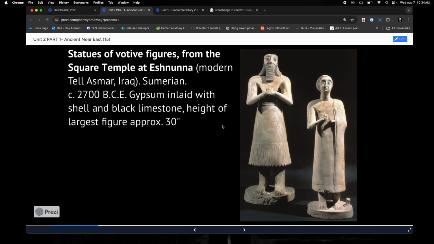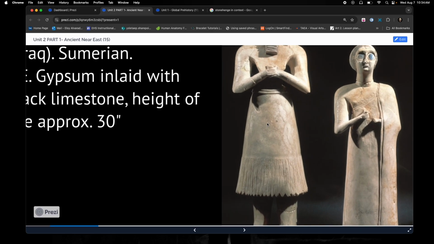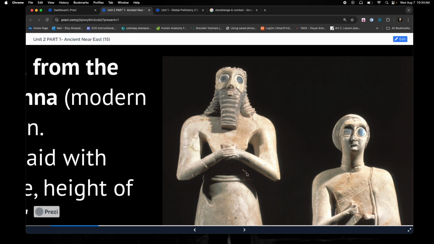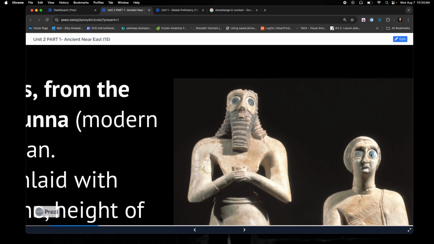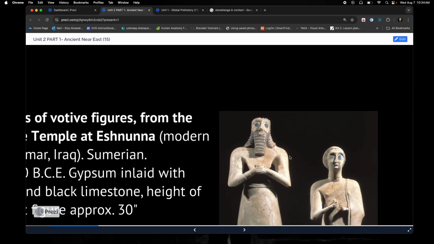These are made from gypsum, which is easier to carve stone. And then there's black limestone and pearl embedded, like for the eyes. It was embedded in there.